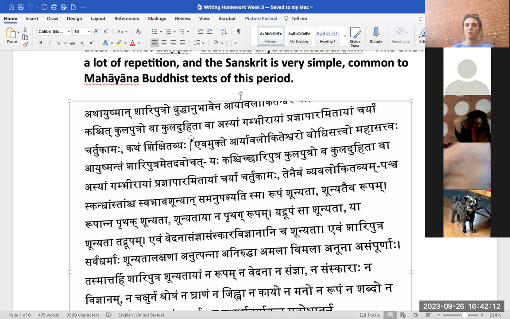Kashchit shariputra kula putro va kula duhita va asyam gambirayam prajna paramitaya charyam chatur kamaha tene or tenaivam vyavalokitavyam pancha skandas or skandams tamscha.